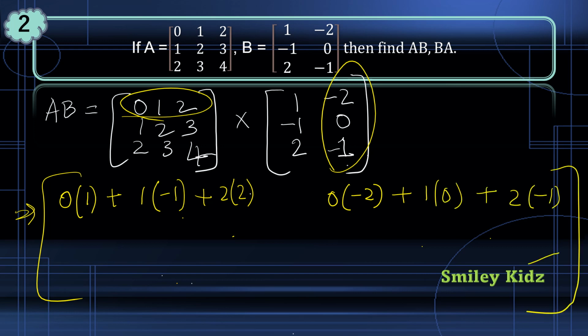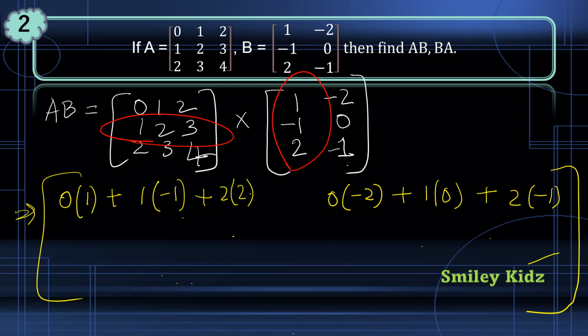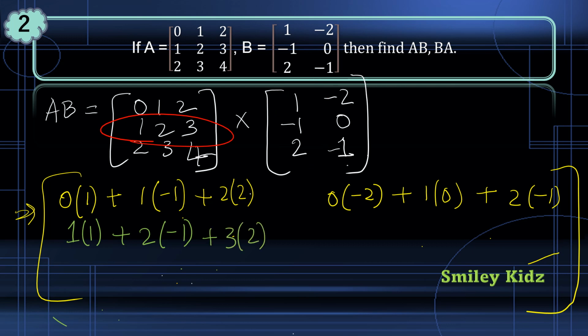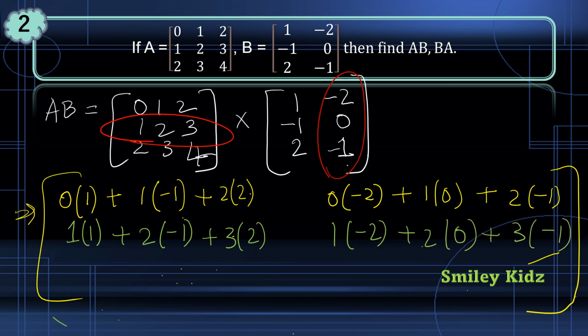Take the second row and multiply with the two columns. That is 1 into 1 plus 2 into minus 1 plus 3 into 2. Then the second, that is 1 into minus 2 plus 2 into 0 plus 3 into minus 1.